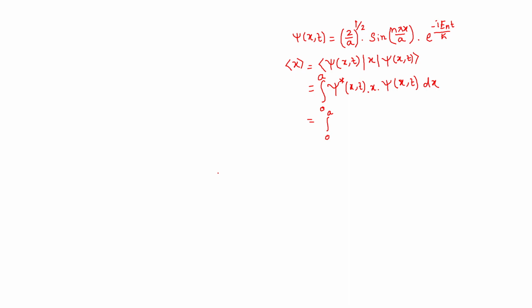Here this is my x. So I am again removing the half outside: half, integral 0 to a, of x minus x cos 2n pi x by a, dx.